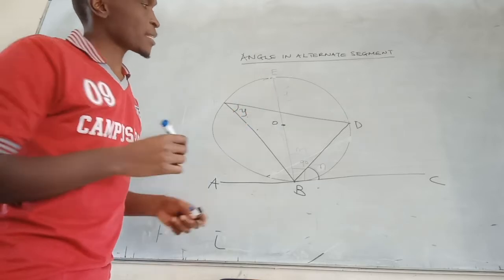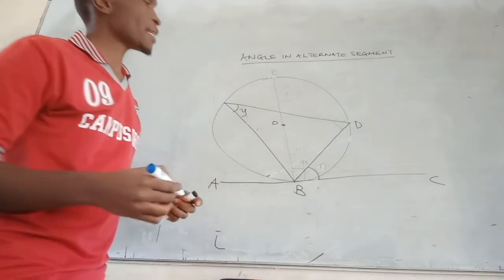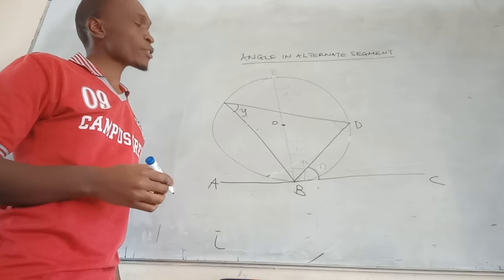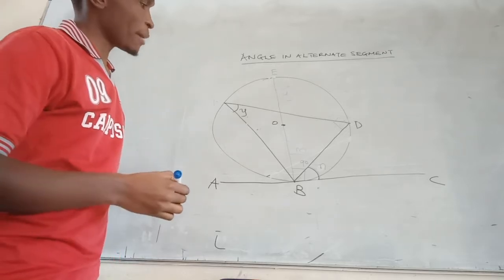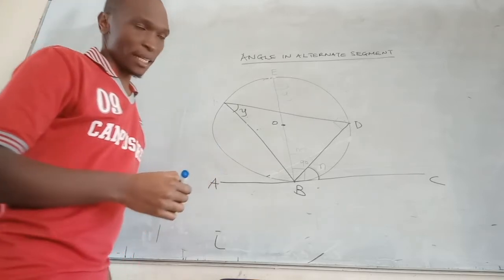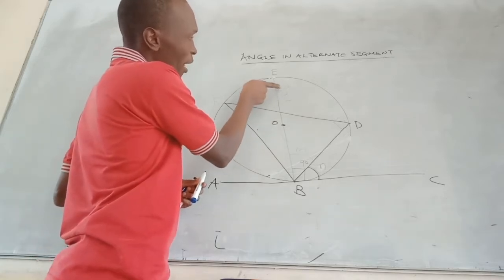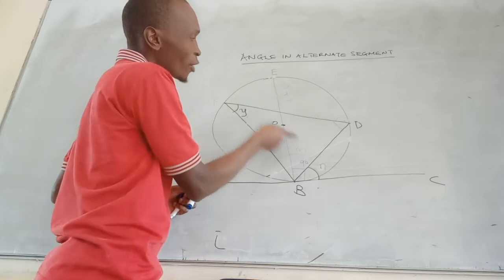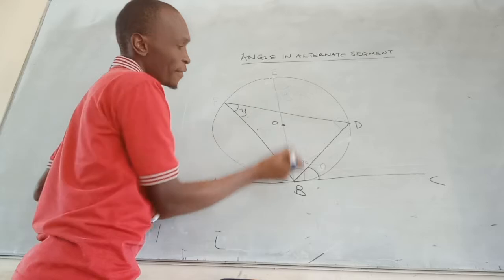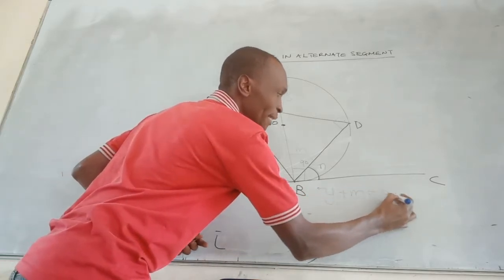Also, from our previous lessons, we mentioned that an angle subtended at the circumference by a diameter is 90 degrees. Therefore, because of the rule of adding all the angles within a triangle, which brings us 180, it implies that Y plus M equals 90 degrees.